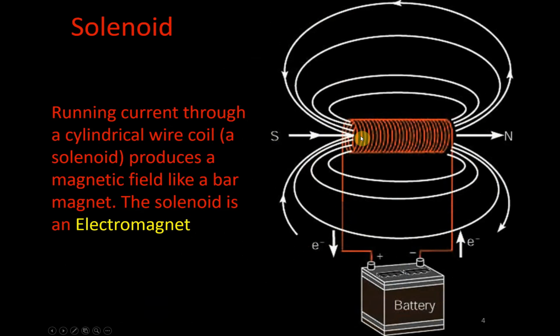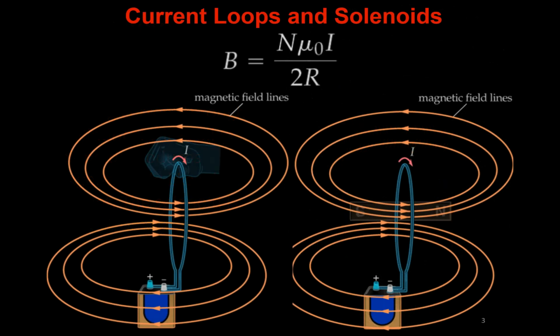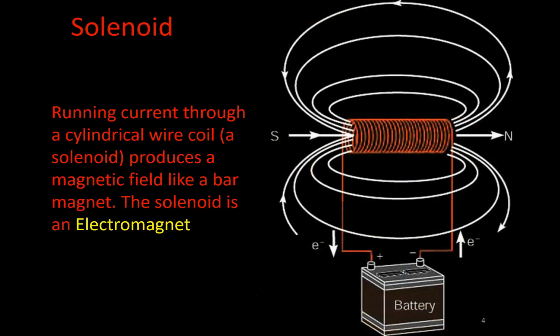So here this would be dictated by our previous equation, N mu 0 I over 2R would be this magnetic field B. We would end up with our magnetic field spiraling this way and this way, and in the center being in a straight line. So this is essentially a bar magnet that we can use the inside of the magnetic field. So this is a straight line in here. So it's a bar magnet we can put things into.